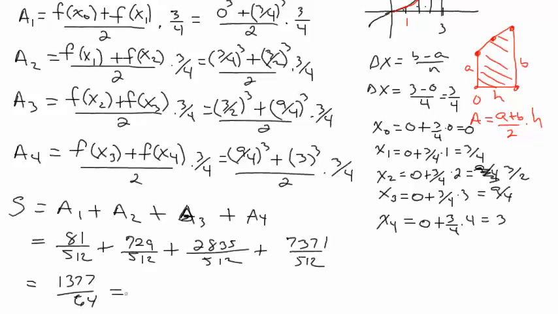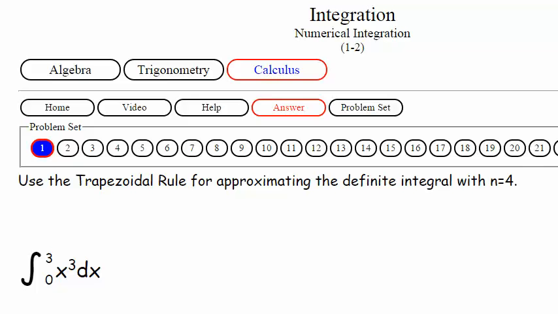And what do we get on the decimal representation? Whoa, we get some big number. 21.515625.